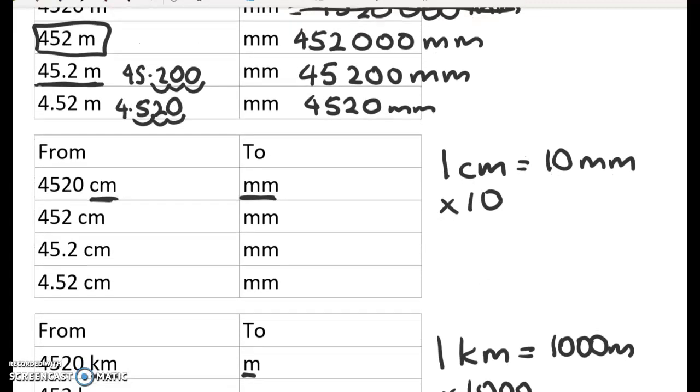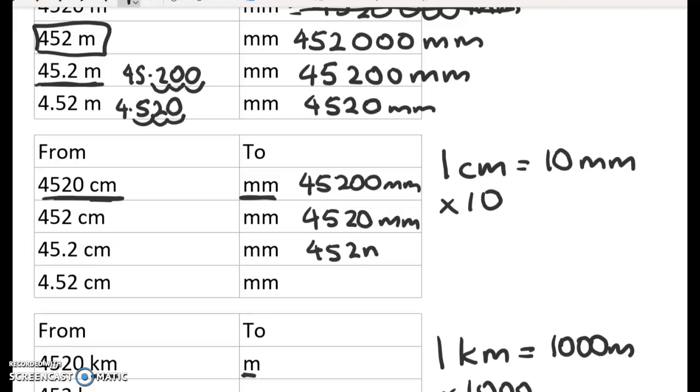Okay, the next ones are really easy. From centimeters to millimeters, we just have to multiply by 10. So it's going to be this. Timesing by 10, moving over 1 place value column. All right, so we moved over 1 place value column there, and we're moving over 1 place value column here.